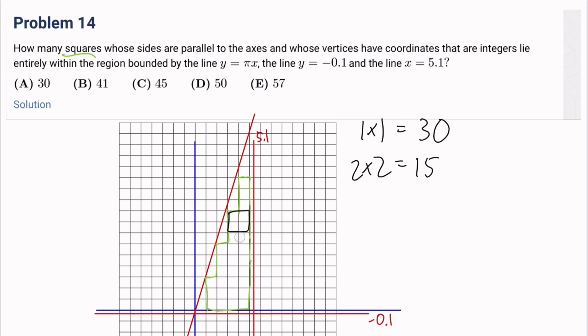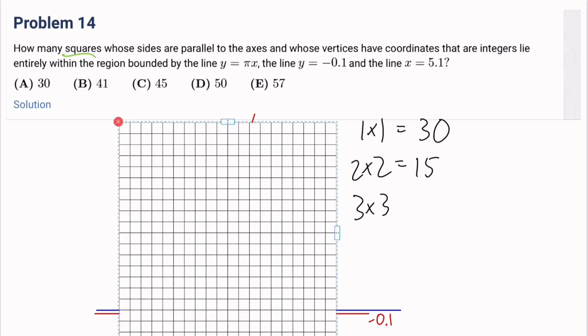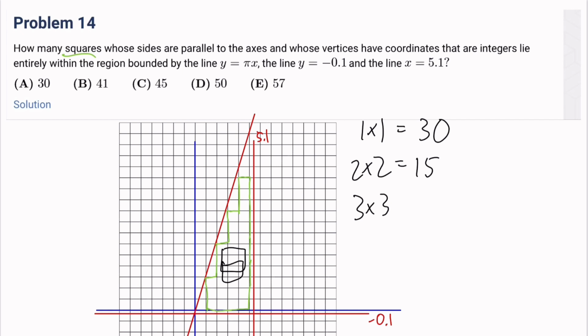I was going in order from right down to left down like that. And our 3 by 3s, we have this 3 by 3, or the one right below, 3, 4, and 5 3 by 3s. We have 5 3 by 3s and 4 by 4s.